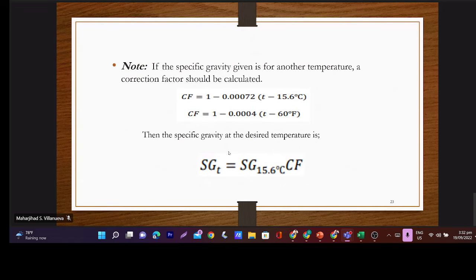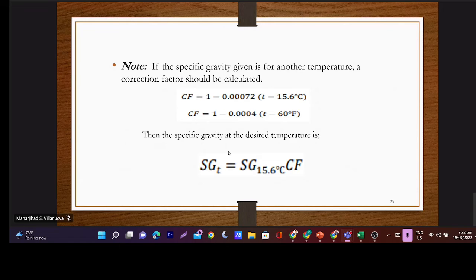Tapos po, if the specific gravity given is for another temperature sa isang problem, we can use what we call correction factor. So for the SI unit, we can use CF is equal to 1 minus 0.00072 multiplied to the temperature minus 15.6 degrees Celsius.